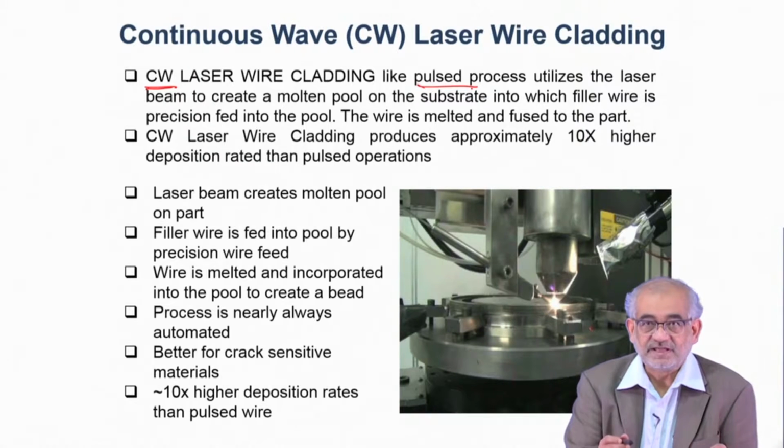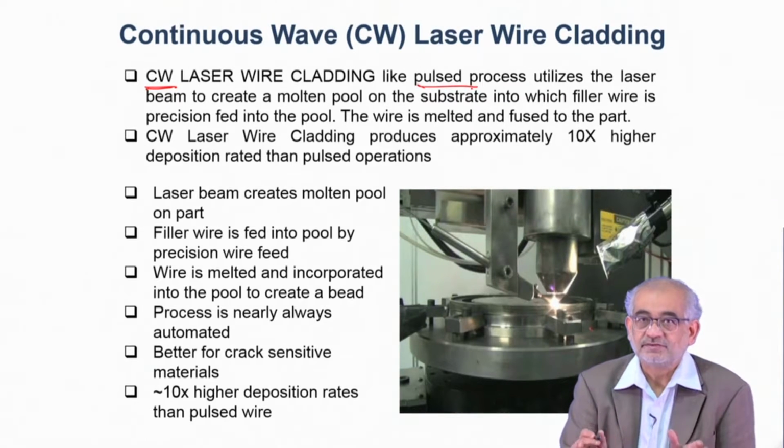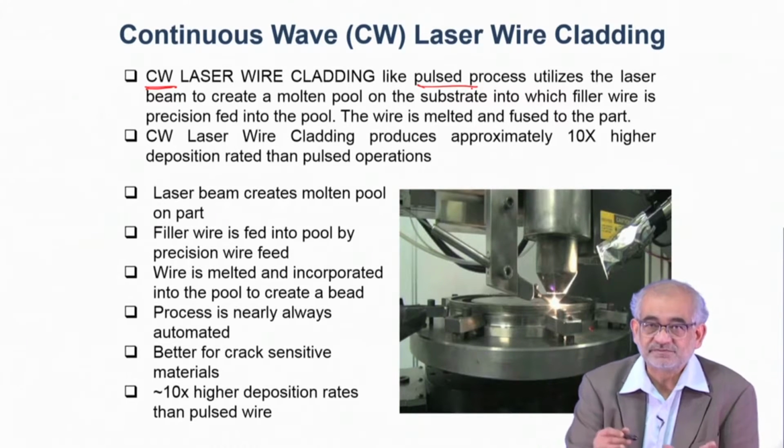Whatever you melt and overlay, if it's pulsed mode, then you create a splat, a transient, momentarily melted pool. When it starts solidifying, it creates a solid crust on top. Now the next splat comes in a molten form and has to first weld with this semi-solid form.